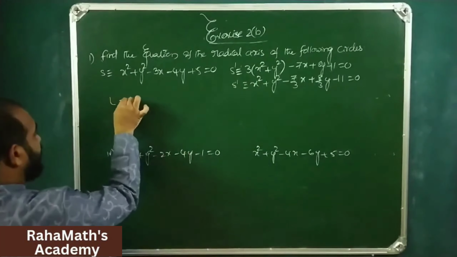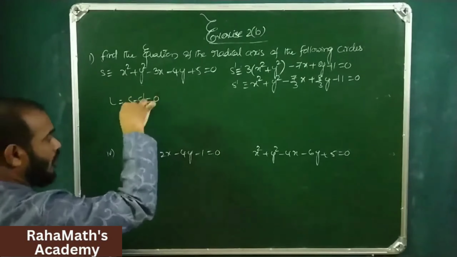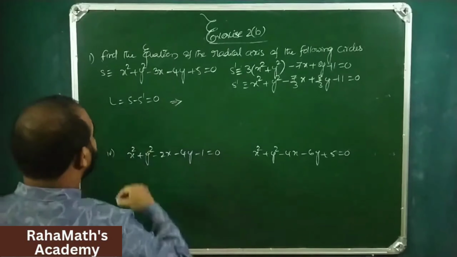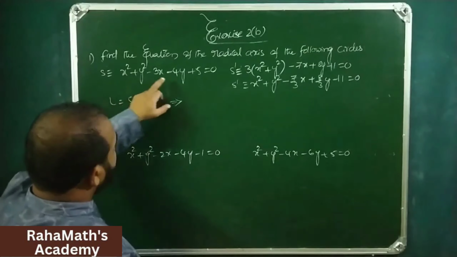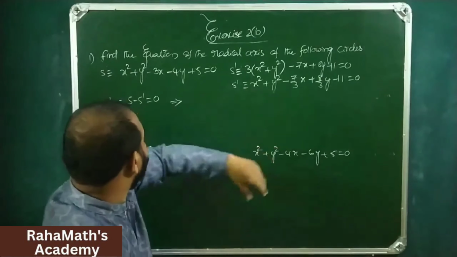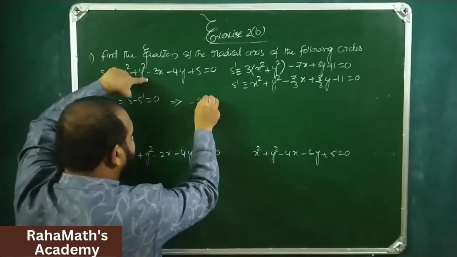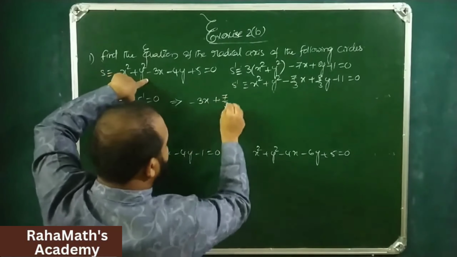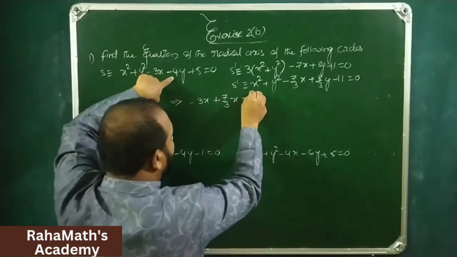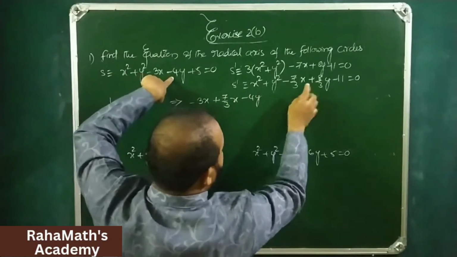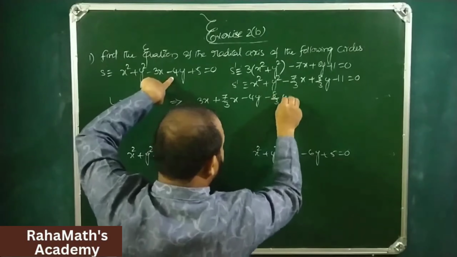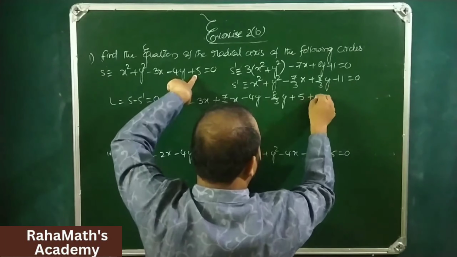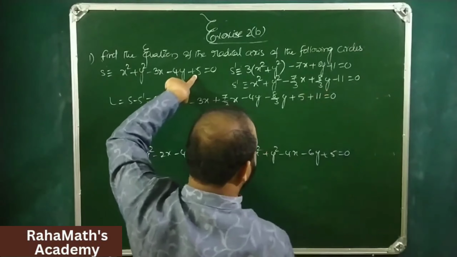Now L is S minus S dash equals 0, or S dash minus S equals 0. So x square plus y square minus x square plus y square gets cancelled. This is minus 3x minus of minus 7 by 3 x, minus 4y minus 8 by 3 y, plus 5, minus of minus is plus 11 equals 0.